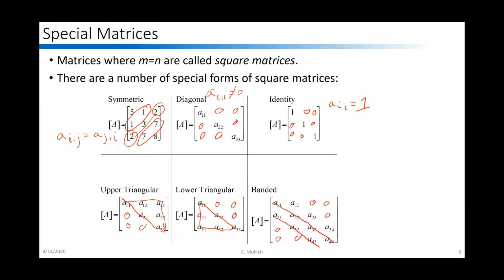There are diagonals that are filled, and they form these bands, and on the upper side and the lower side we have zeros. These special types of matrices are going to help us take some shortcuts when we get into solving for matrices.